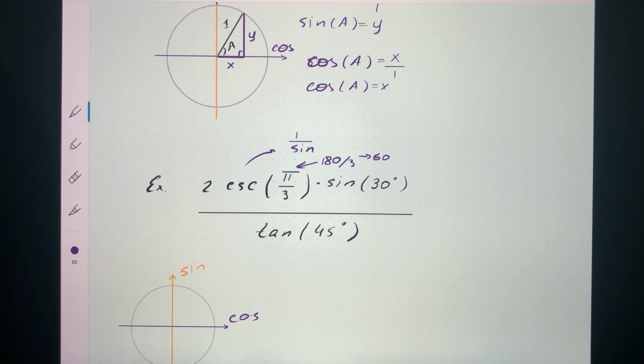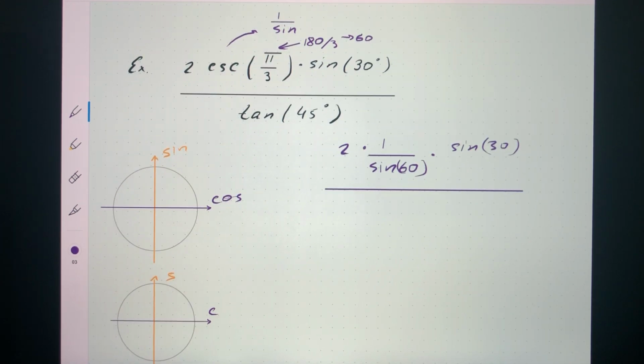So this question says 2 times 1 over sine of 60 degrees times sine of 30 degrees divided by tangent. Tangent is sine over cosine of 45 degrees, each 45 degrees.